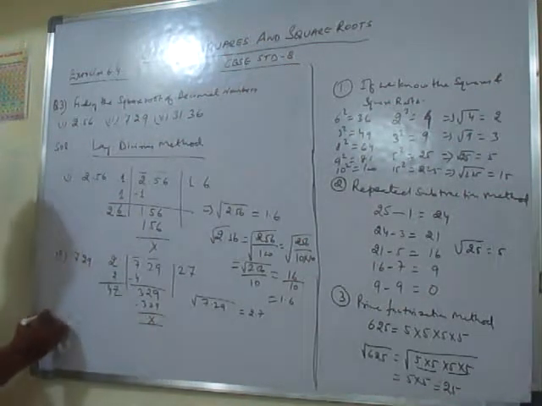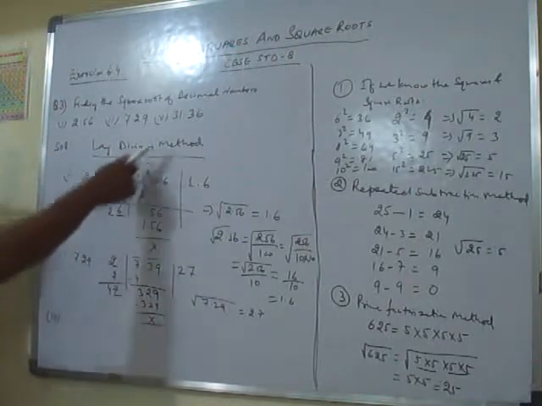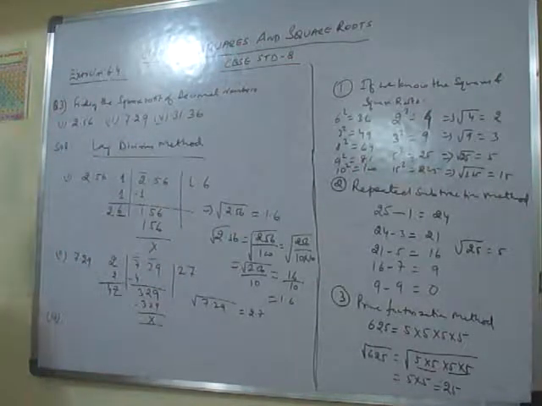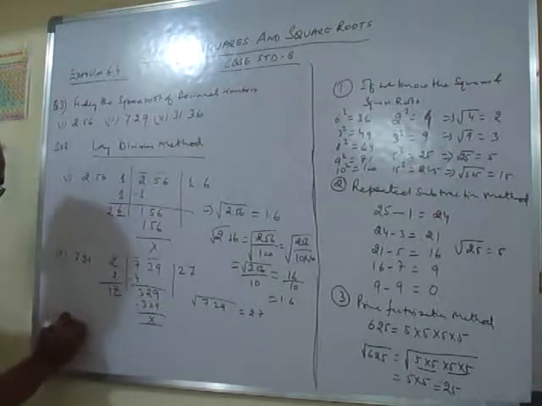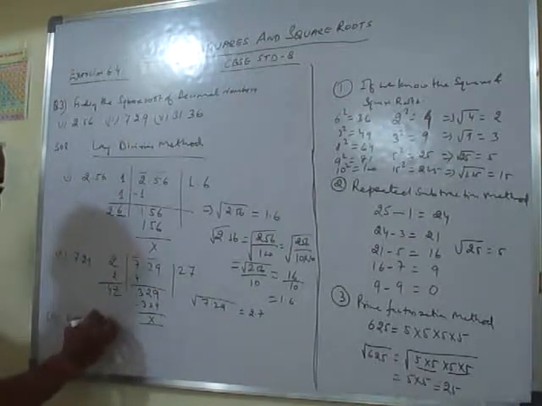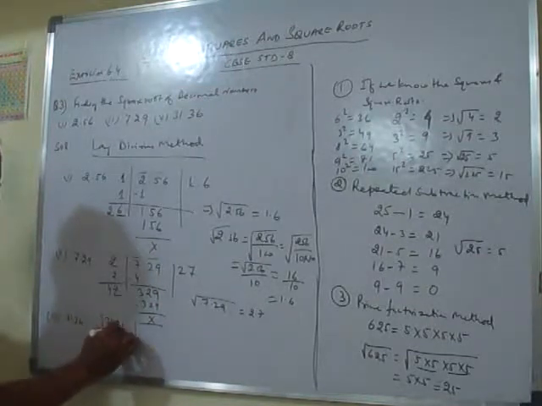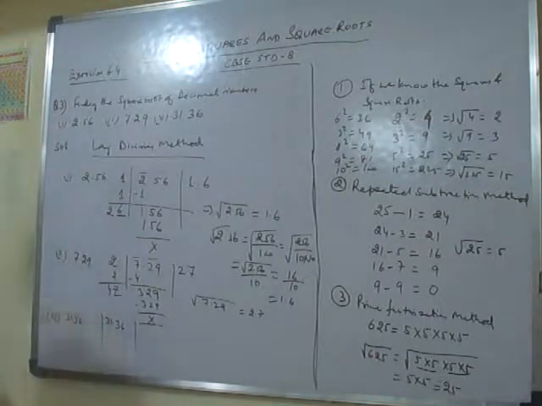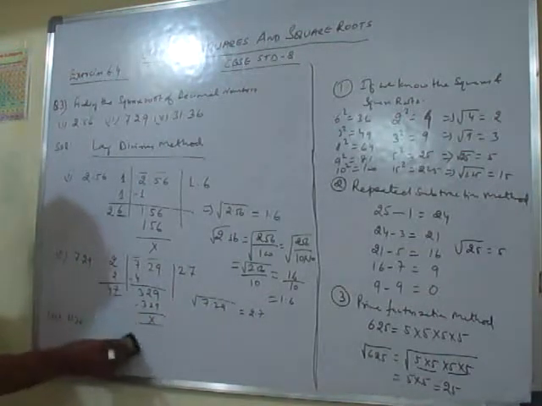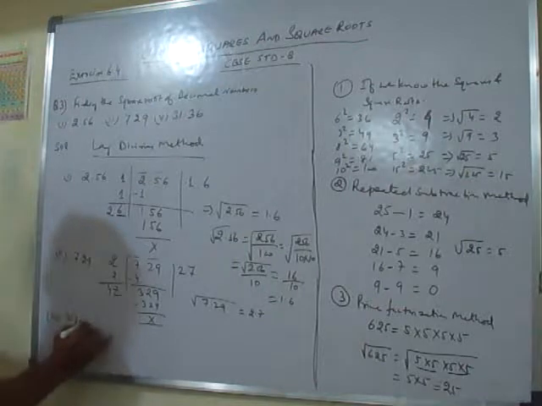Now let us go for finding out this third number, 31.36. Okay, so 31.36. Now let us again go for pairing it.